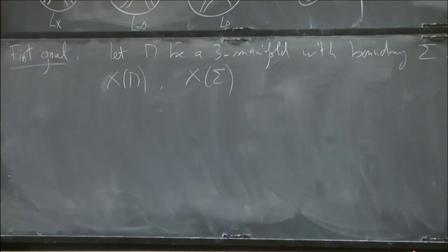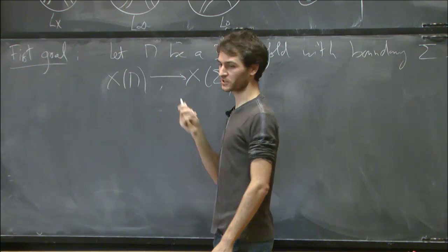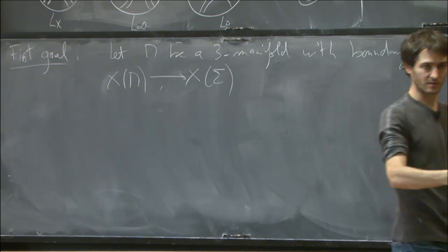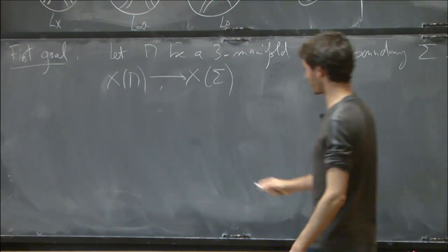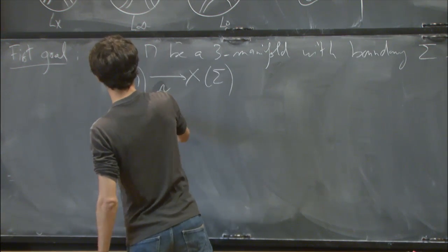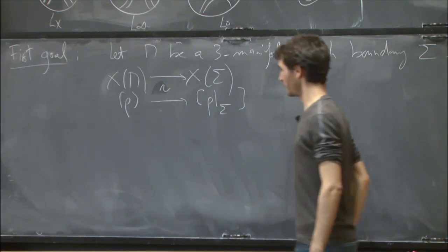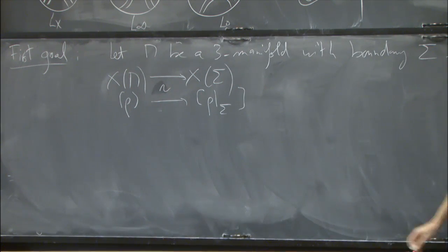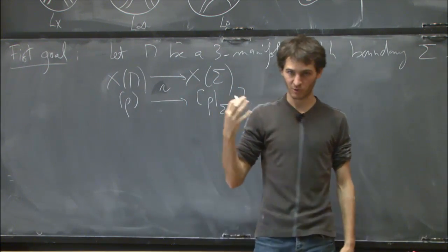And in Mark Kohler's talk, it was very clear that one very important thing to understand is the restriction map here. So how does the representation restrict to the boundary? So here is the restriction, which sends rho to rho restricted to sigma.